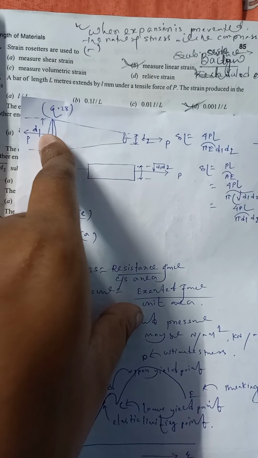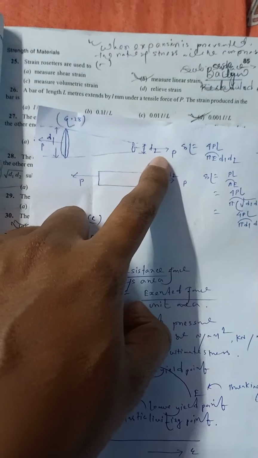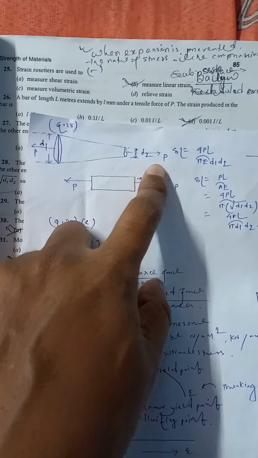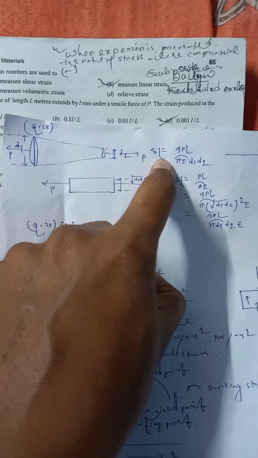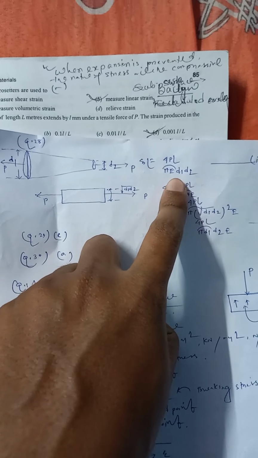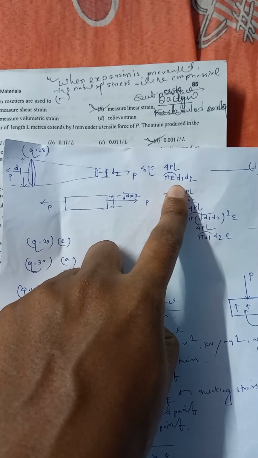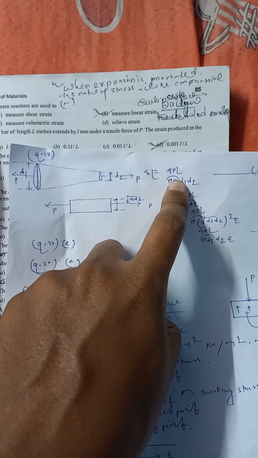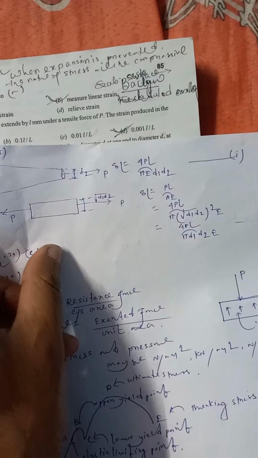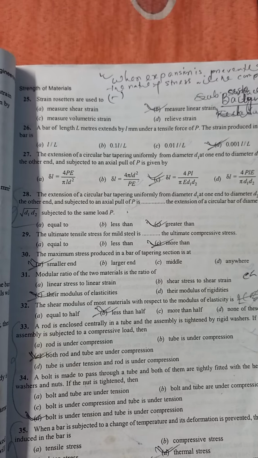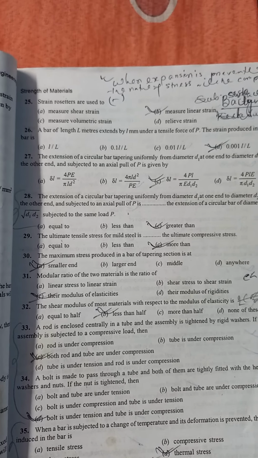This end diameter is D1 and this end diameter is D2. So friends, change in length due to axial pull or push, the elongation del L will be equal to 4PL divided by pi E D1 D2. E is the Young modulus, D1 and D2 are the tapering diameters, P is the external force, and L is the length of the bar. So friends, the correct option will be C, del L equal to 4PL divided by pi E D1 into D2.